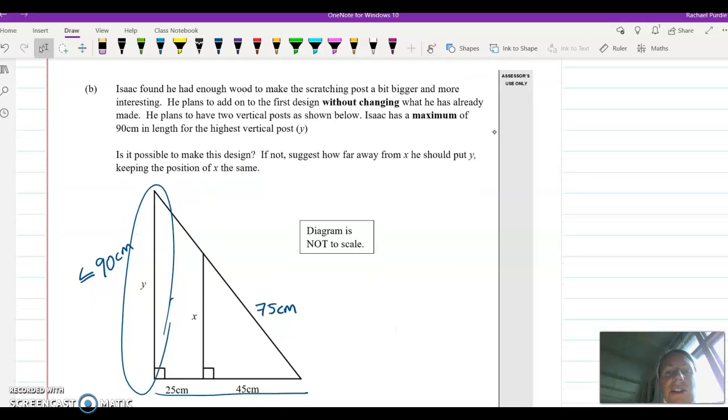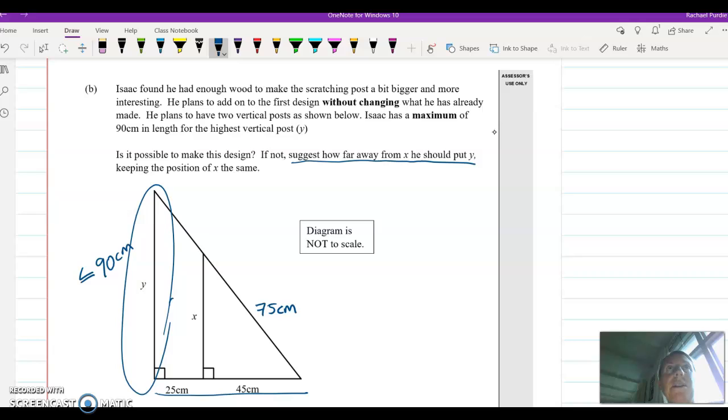So the question is, he's got this maximum of 90 centimetres to make Y if he has this gap here of 25 centimetres. So can he do this? Can he make that other vertical post? And if not, suggest how far away from X he should put Y. So that's the excellence part of this question, keeping the position of X the same, because remember, he doesn't want to change what he's already made.